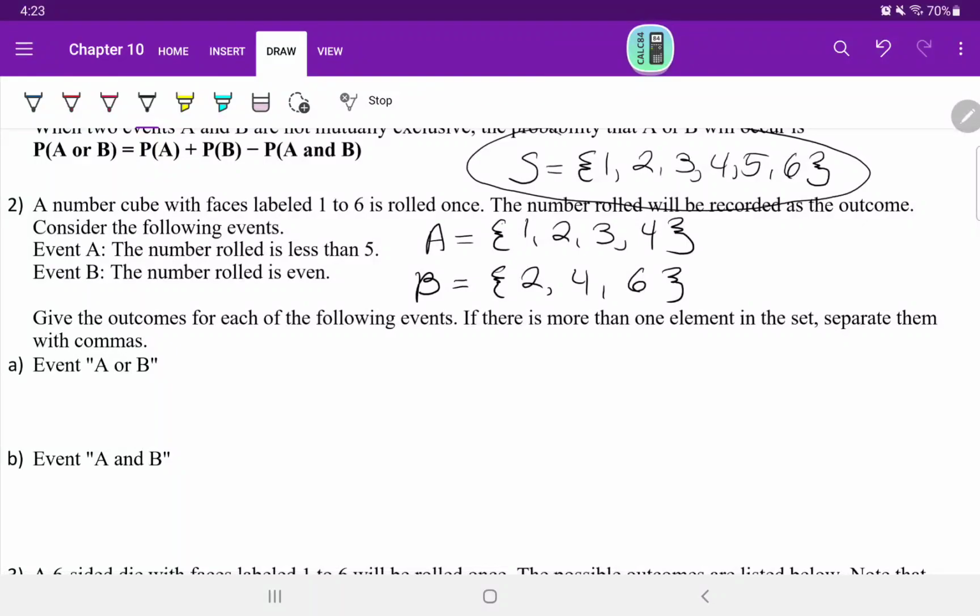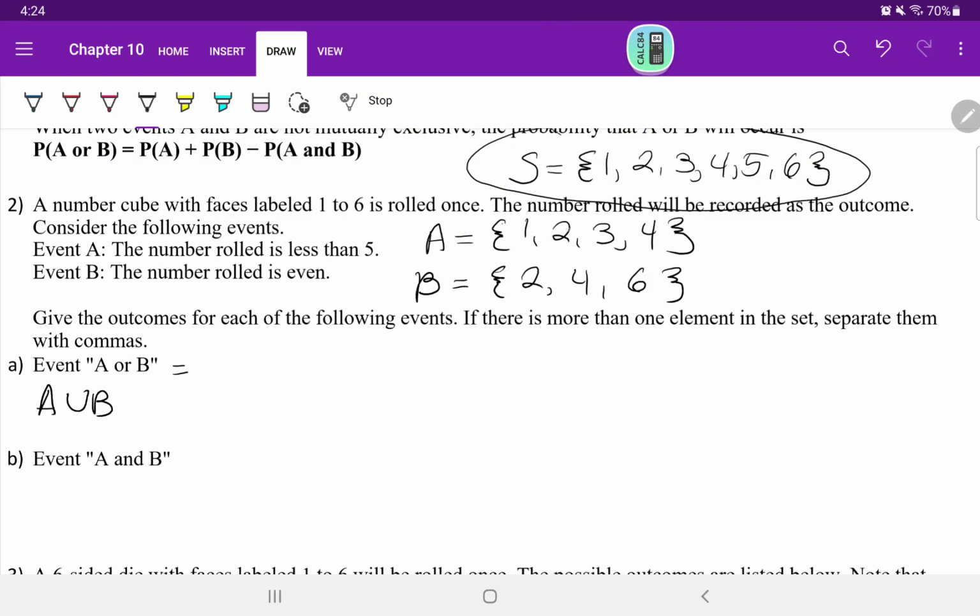All right. Now that we identified event A and event B, let's find the following. Event A or event B. Treat OR like the union between two sets. Once again, treat OR as the union between the two sets, between the two events.